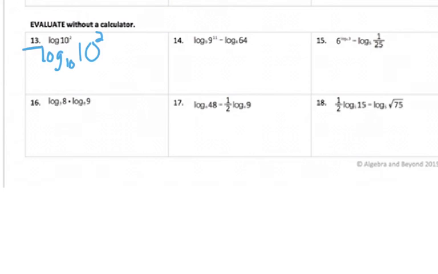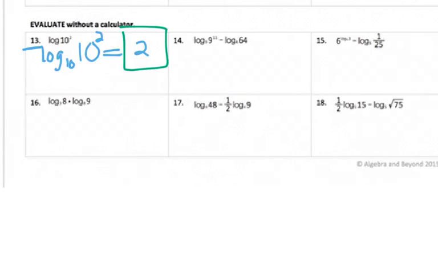Okay, so if you apply your power rule, the 2 will come out in front. The log base 10 of 10 is 1, and 2 is all that's left. So this is literally just 2.